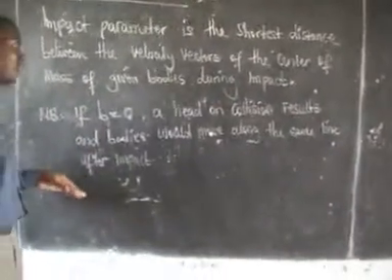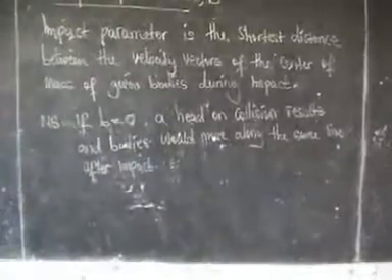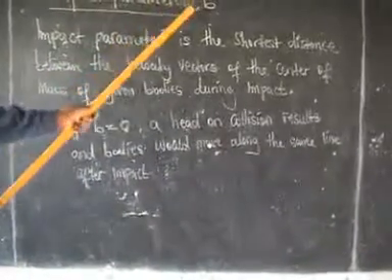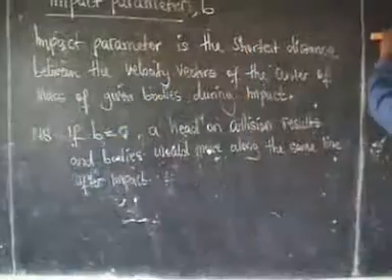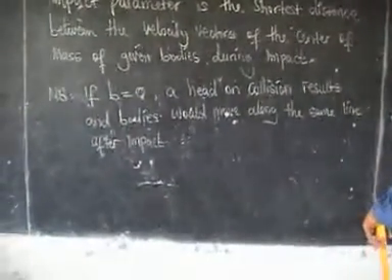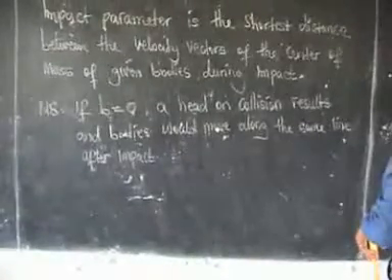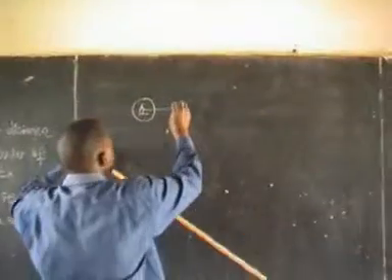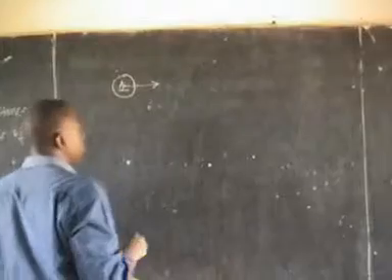Now let me try to use a figure to represent my value of B. If I have two bodies, this is body 1, moving in that direction.